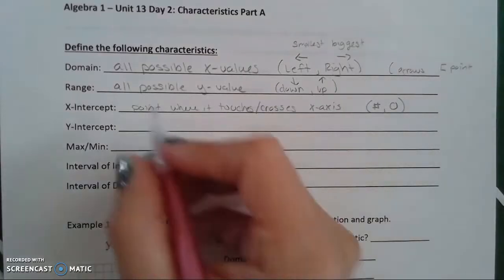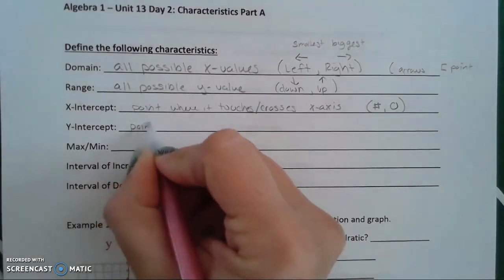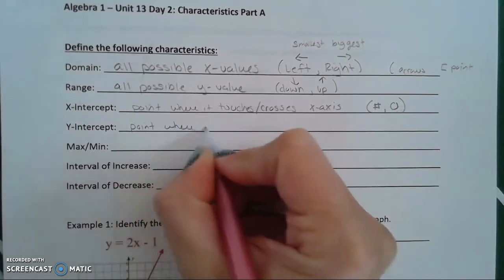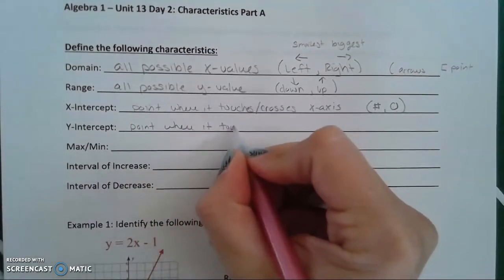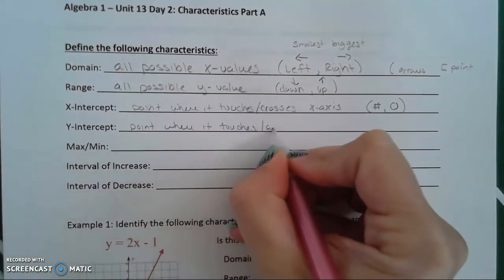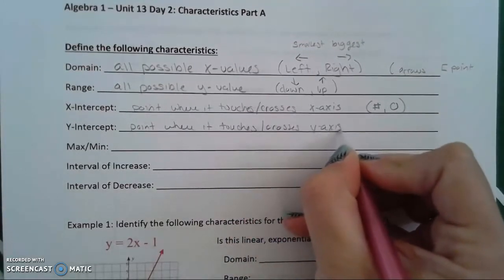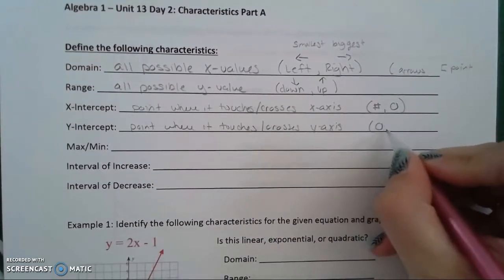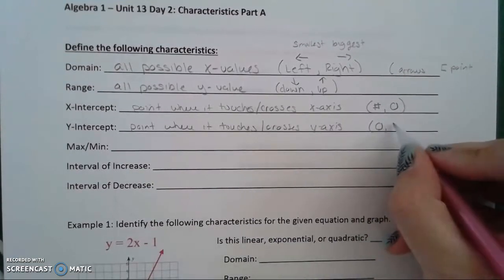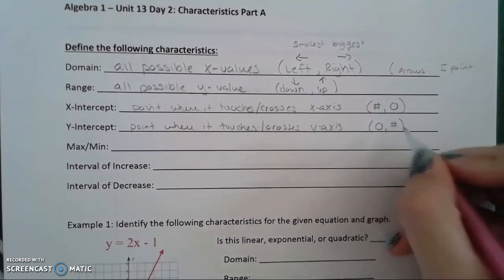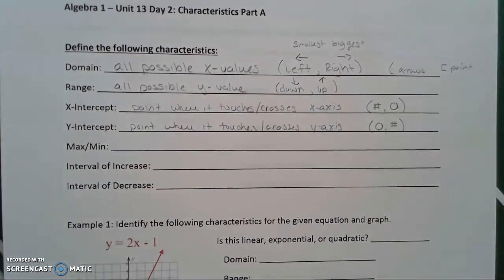A y-intercept is a point where it touches or crosses the y-axis. And this time, the x will always be 0, and the y will be whatever number it crosses the y-axis at. A max and min.